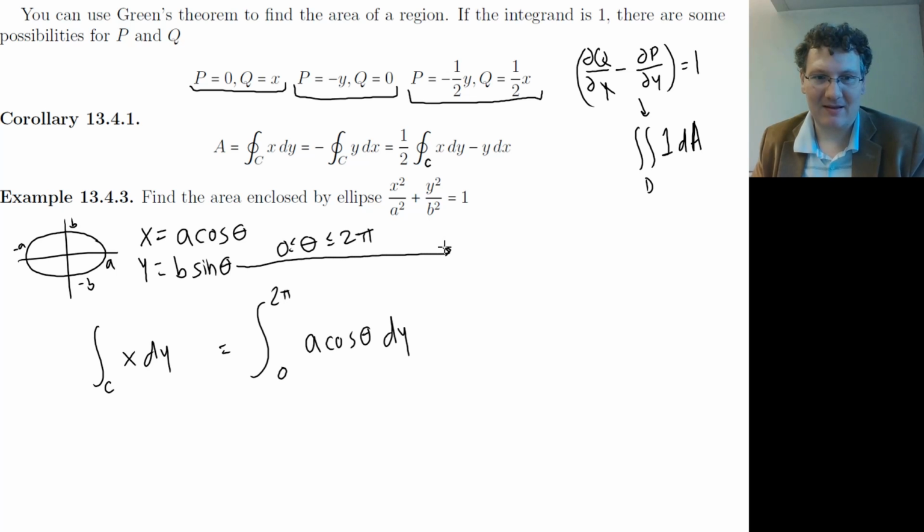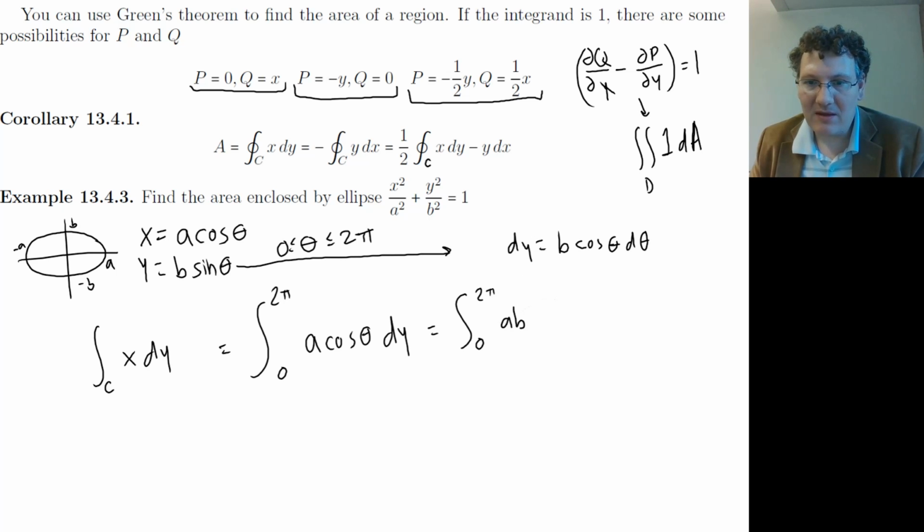Let's figure that out. dy is going to be b times cos theta d theta. So this is actually the integral from 0 to 2 pi of ab cosine squared theta d theta.